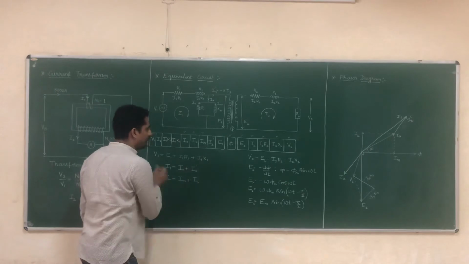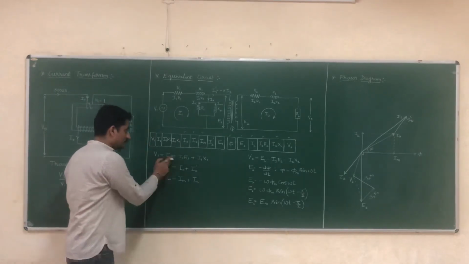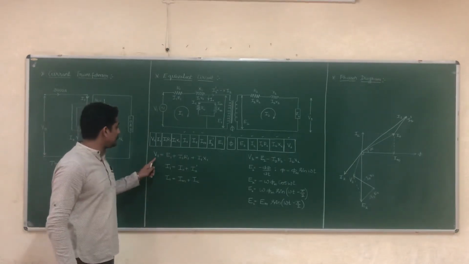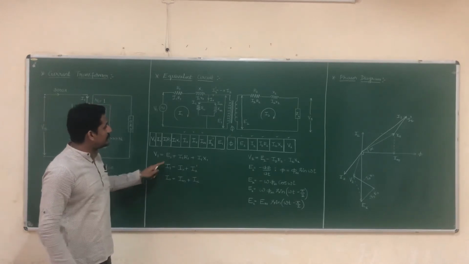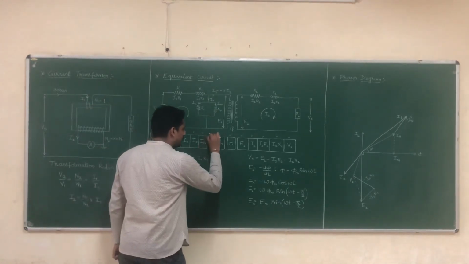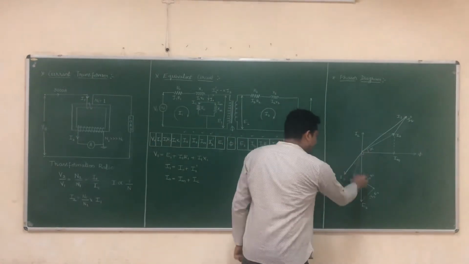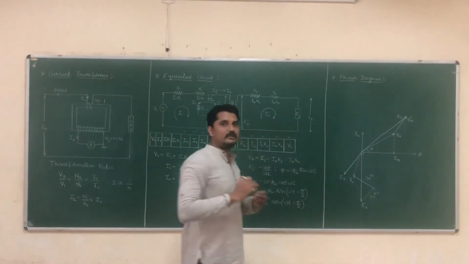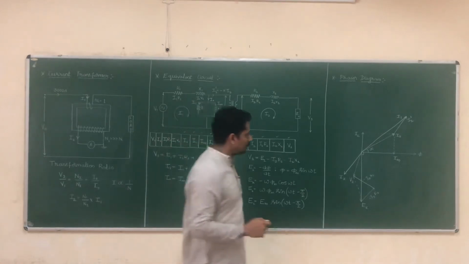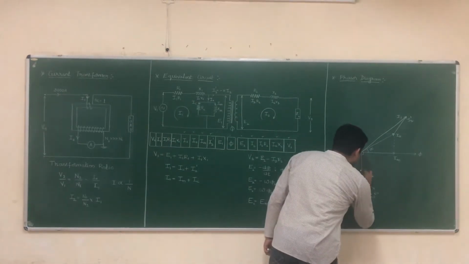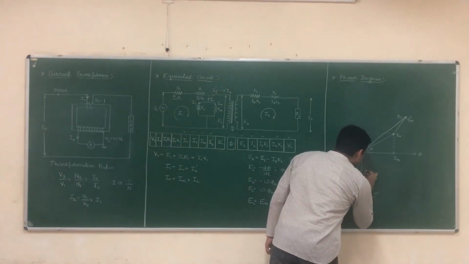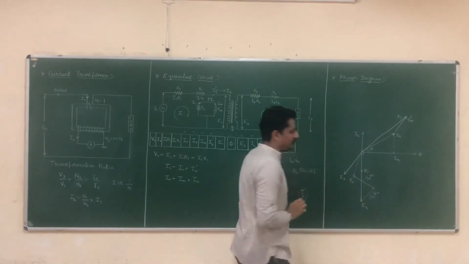Now I got I1. Now let us move to this equation. So V1 is equal to E1 plus drops. Where should I get E1? I2 dash I have written. E1 will be in phase with E2 only, but the value of E1 will be lesser than E2. So I will represent it here with a shorter distance, and this is my E1.